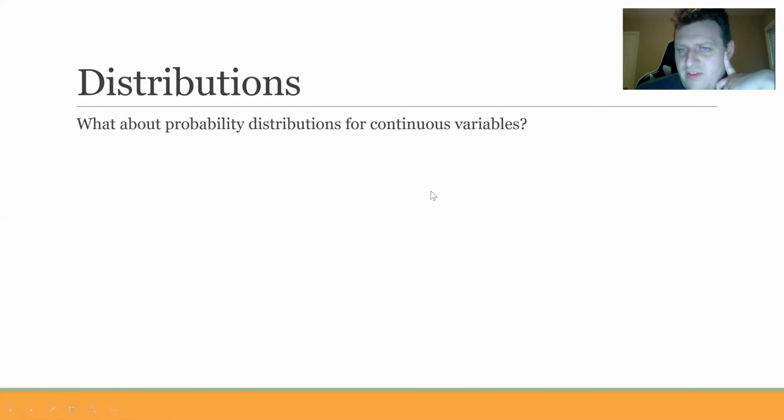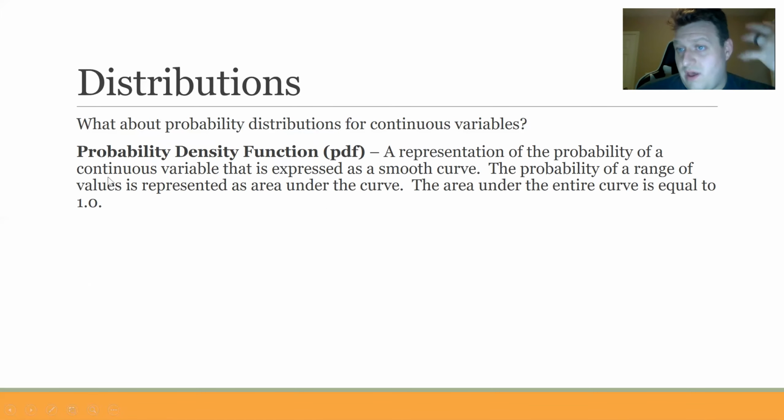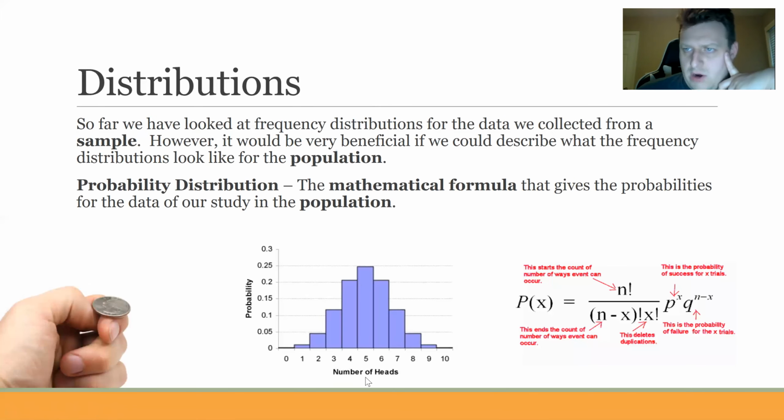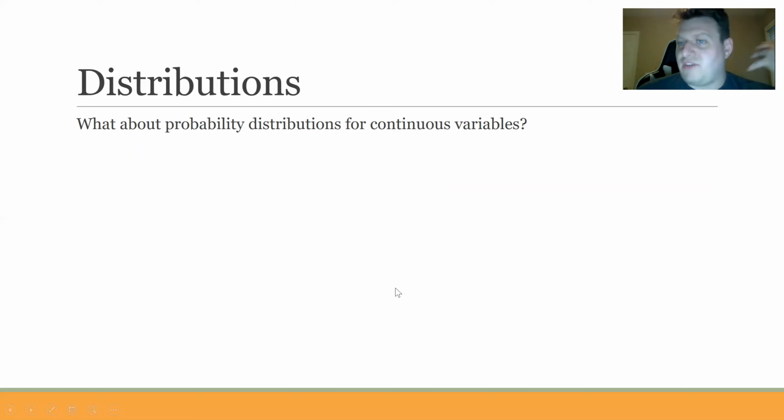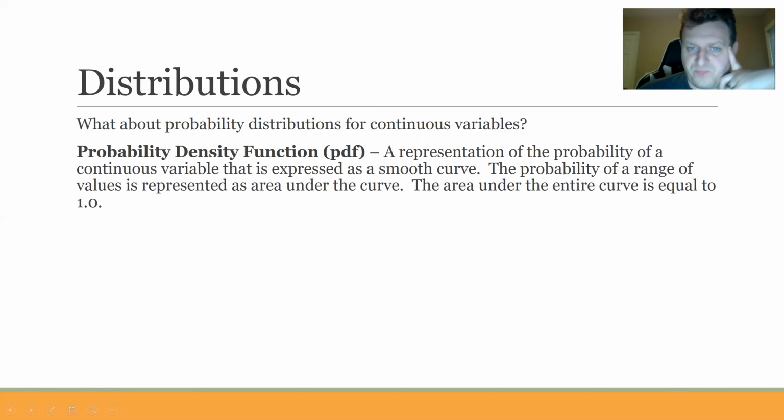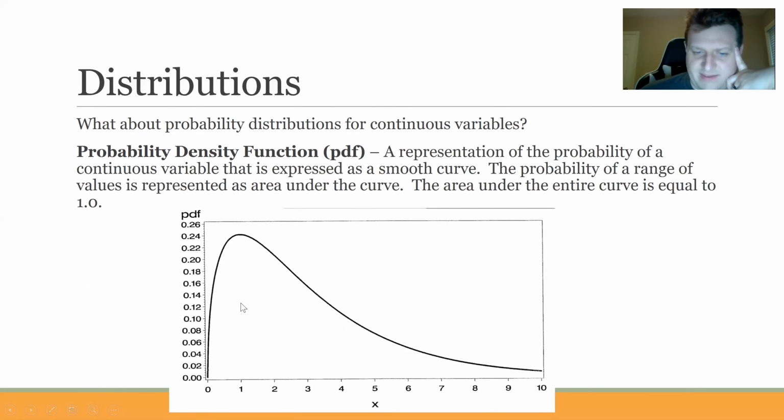All right, and this special kind of way of plotting out probability is called a probability density function. Instead of having bars, we're going to draw a smooth curve, maybe something that looks like this.